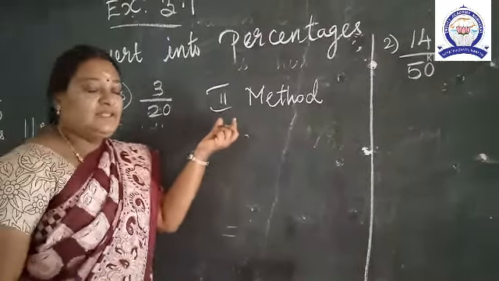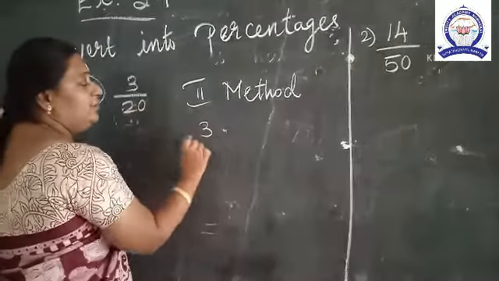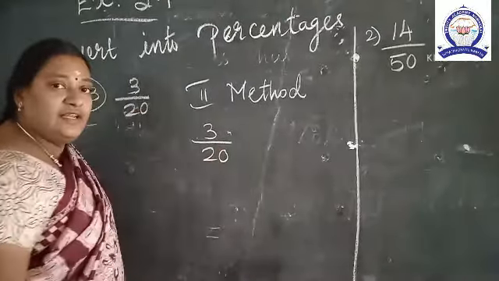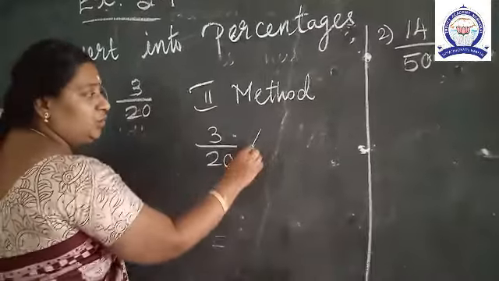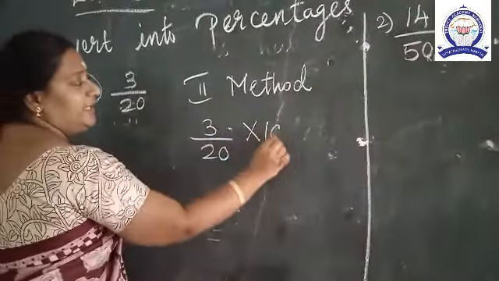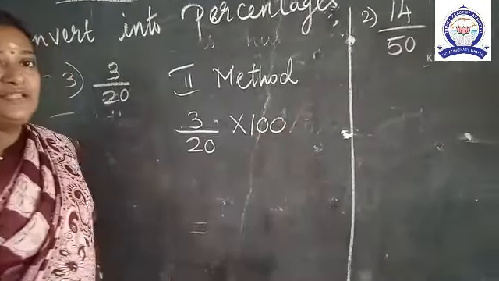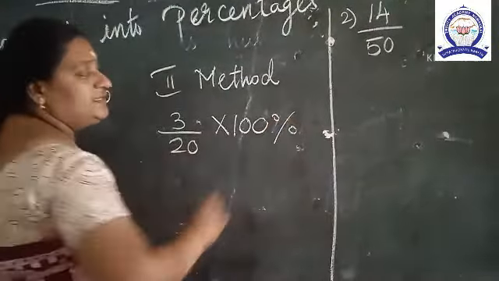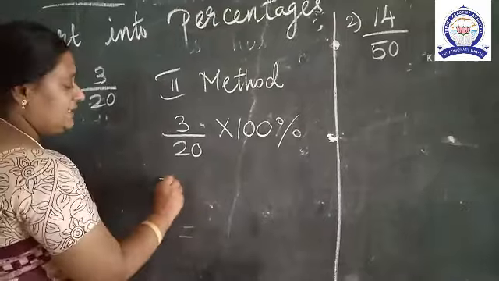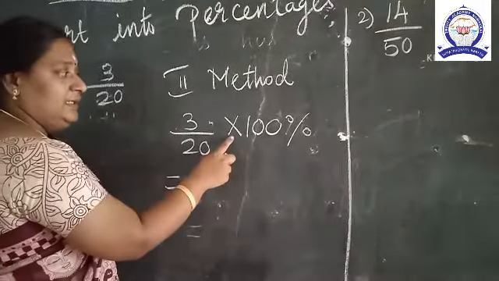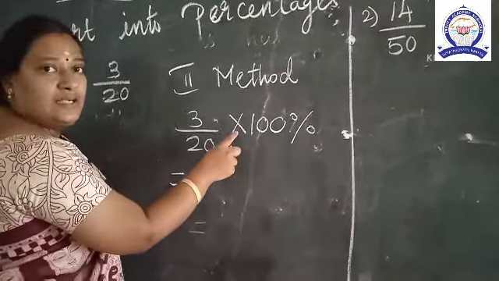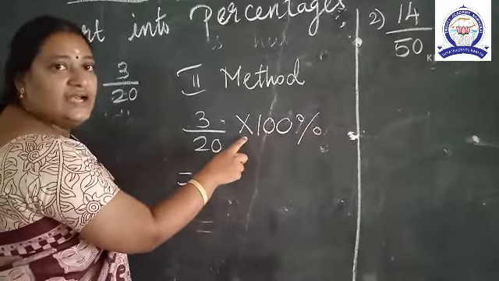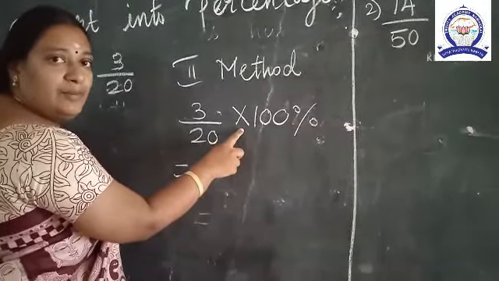Next we see the second method. You write the given fraction, then multiply into 100 percentage. That is equal to, in between it is a multiplication symbol, so we can cut using multiplication tables.